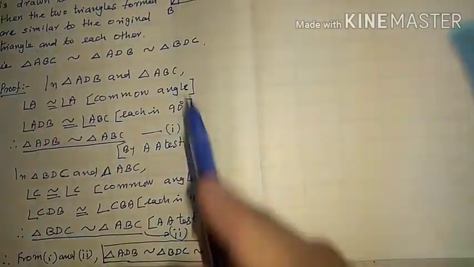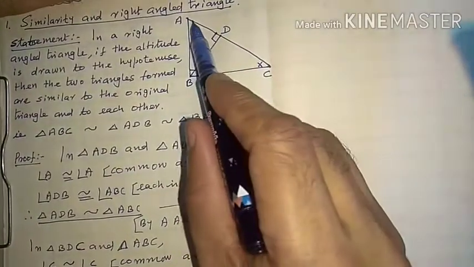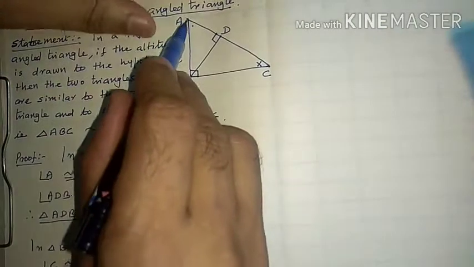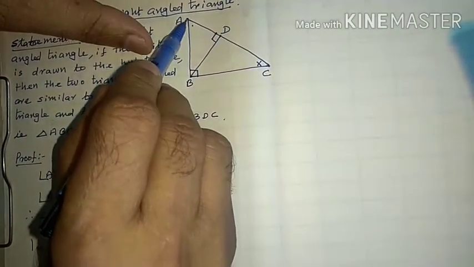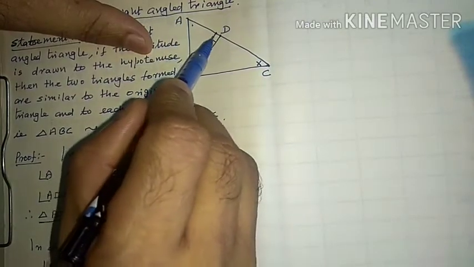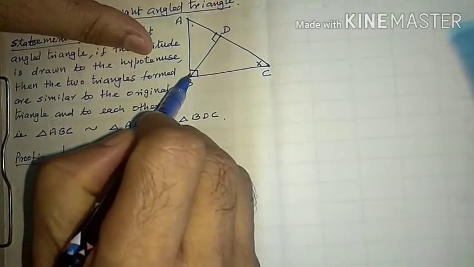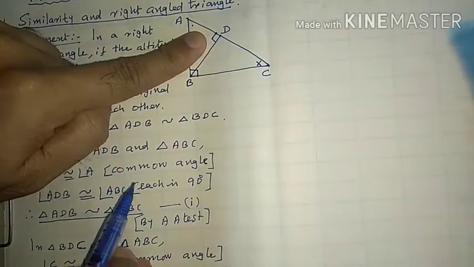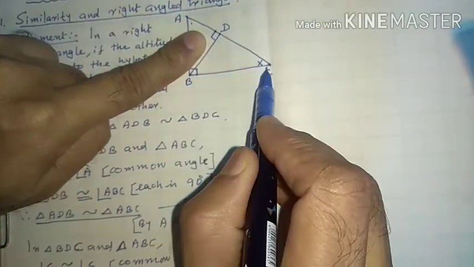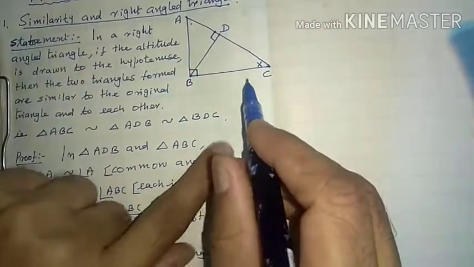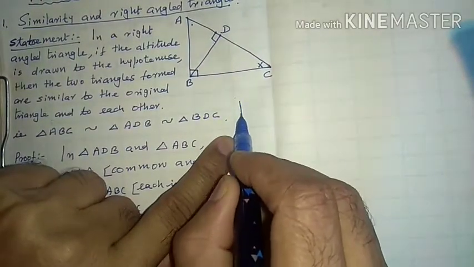What you are doing, see, start from angle A, go to the perpendicular, the 90-degree angle, then C. The same thing: angle A started, go to the 90-degree angle, and the third angle B of this small triangle. Again, start from this angle, go to the 90-degree angle, and complete it. It's easy to remember, like this. This is the order.